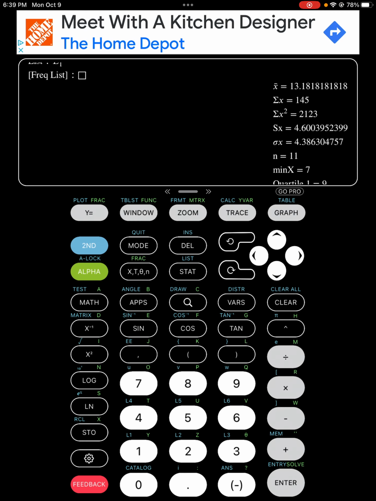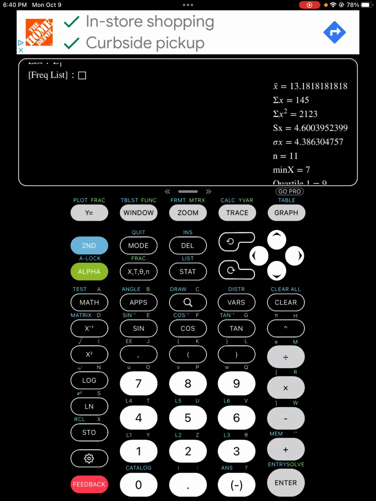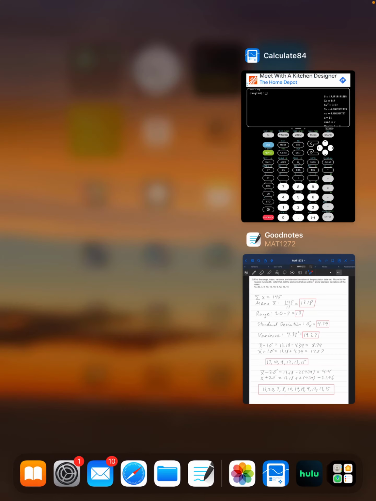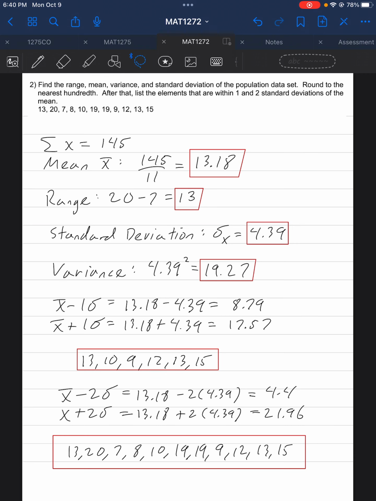I mistook it. So once again, sigma x is the population standard deviation and Sx is the sample standard deviation. This is a population data set, so we're going to use 4.386 as our standard deviation, or rather 4.39 rounded to 2 decimal places right here.